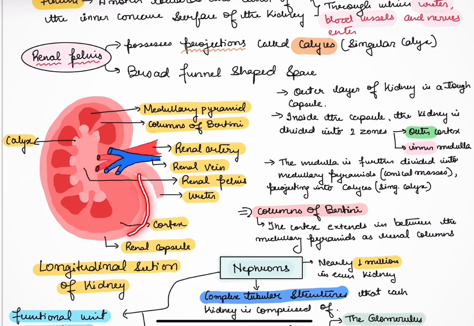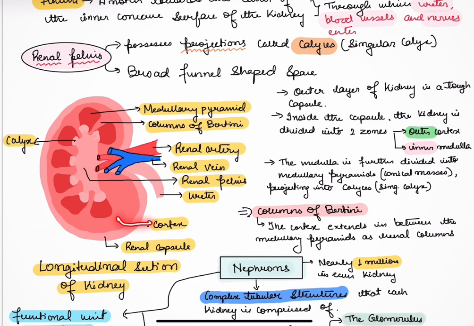So it provides structural support as well as protection. Now inside the capsule, the kidney is divided into two zones. So what are these two zones? Cortex and medulla. The cortex is the outer side of the kidney and the medulla is the inner side of the kidney.